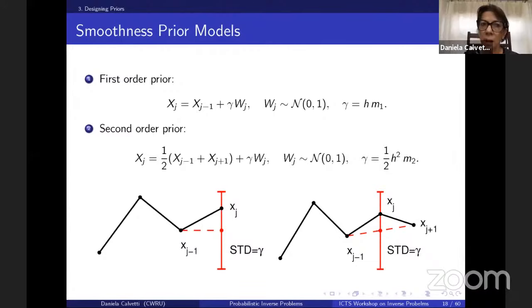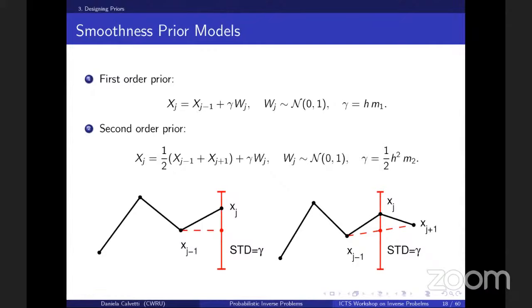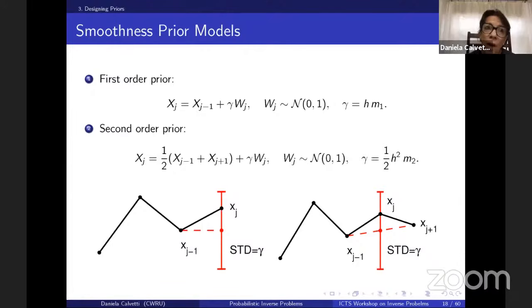So this is local. I'm making this statement locally. Think that I have my signal here, and the question that this smoothness prior is answering is the following: if I were at this position, let's say xj minus 2, what do I expect, without having any data, the value at xj minus 1 to be?